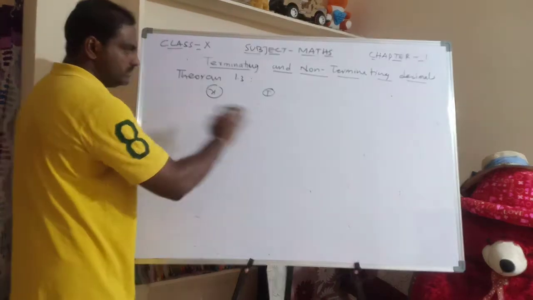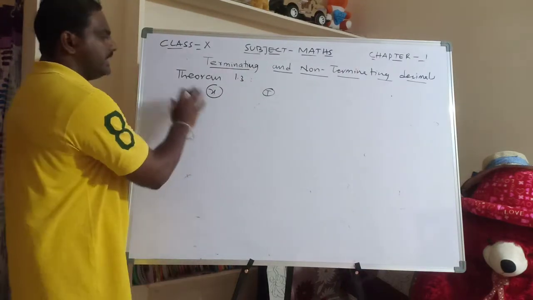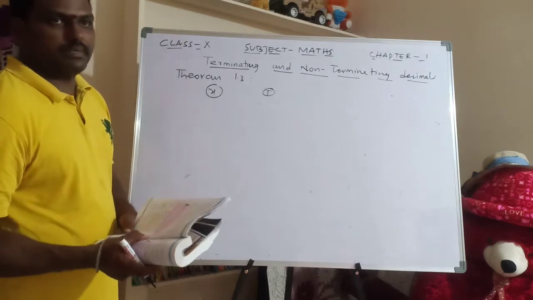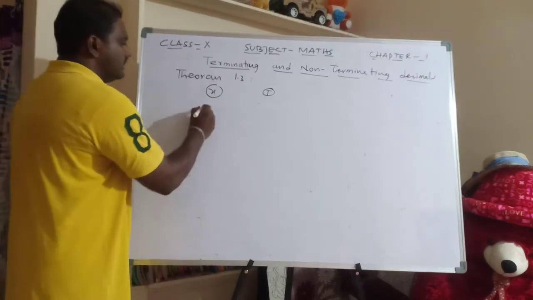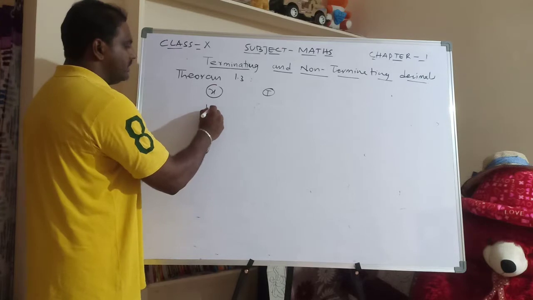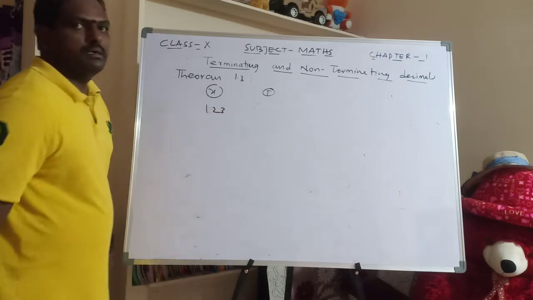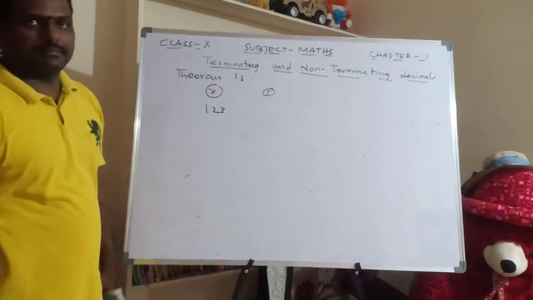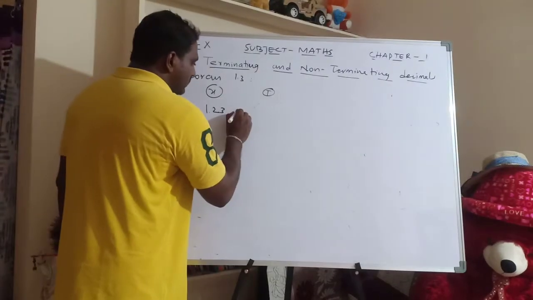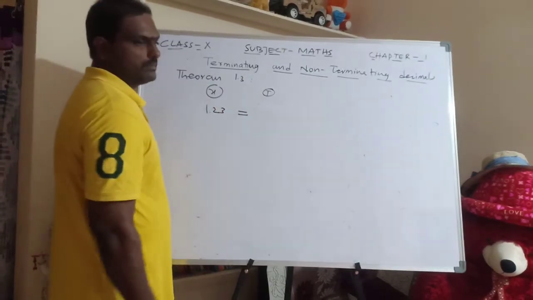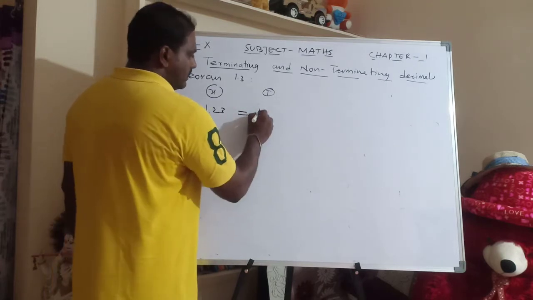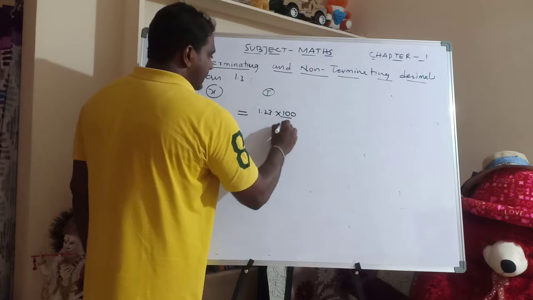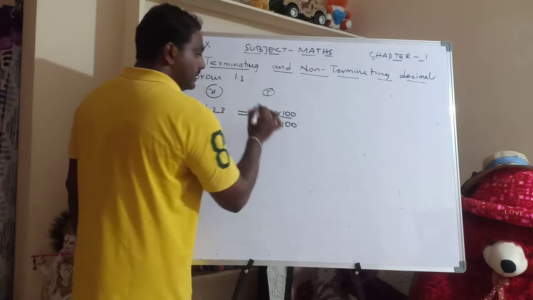So the statement is that x is any rational number whose decimal expansion terminates. Now I am taking 1.23. It is a rational number and it is a terminating rational number. Now if I want to write in p by q form, what will be the p by q form? 1.23 into 100 by 100. Why should I take 100?